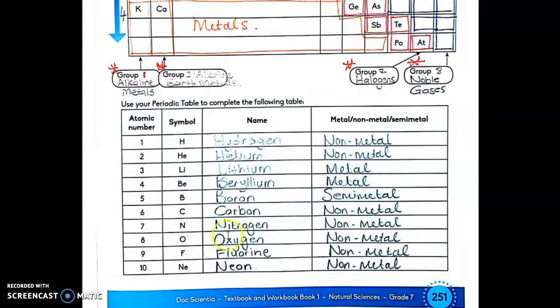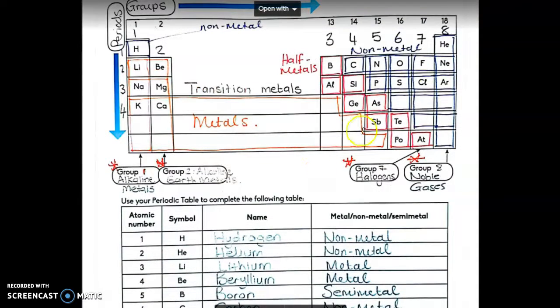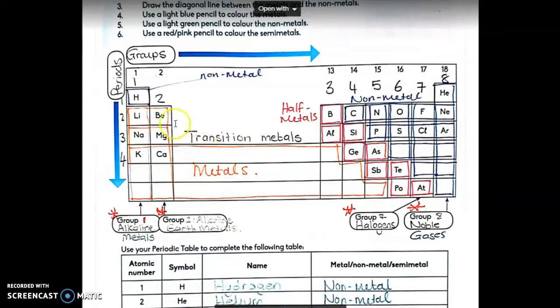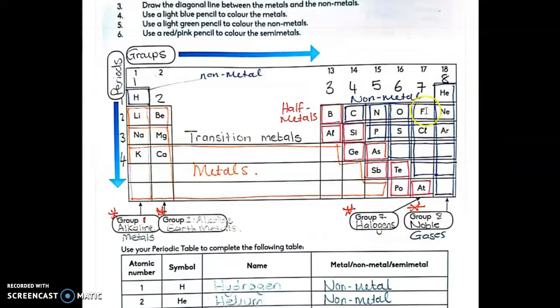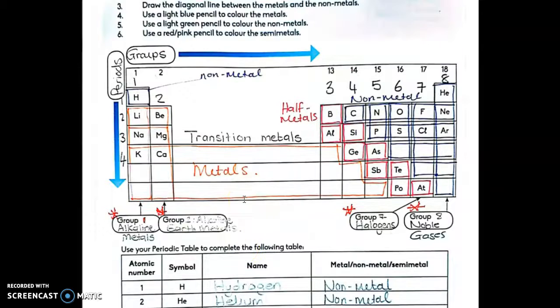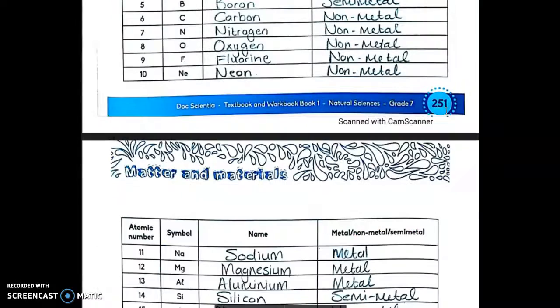Atomic number 8, O, oxygen, and that's also a non-metal. F, fluorine, and it's also a non-metal. Number 10, Ne, it's neon, and that's also a non-metal.